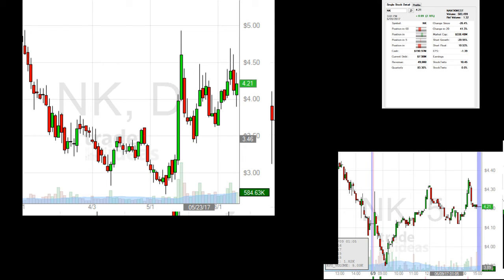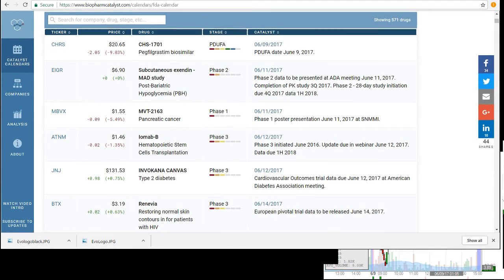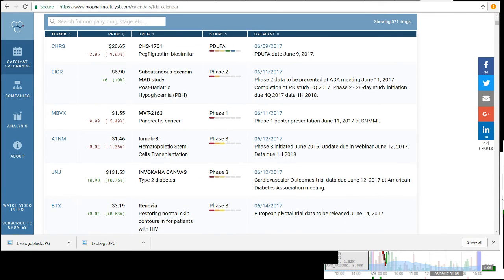But all right, so let's see. I'm going to go ahead and pull this up. All right, so this is the FDA calendar. You can see the link at the top, BioPharm Catalyst. I love looking at this chart.